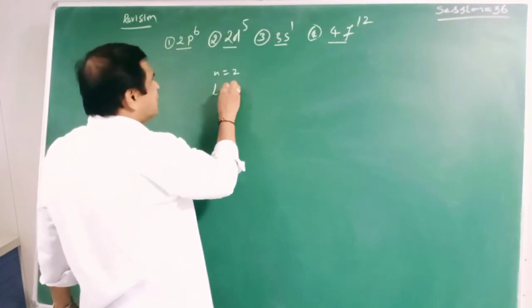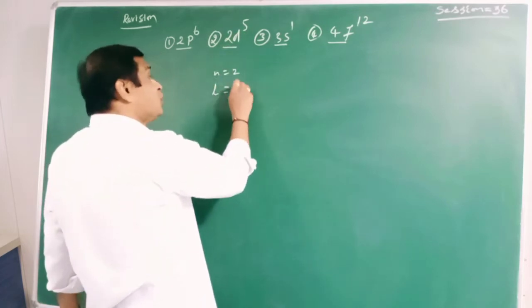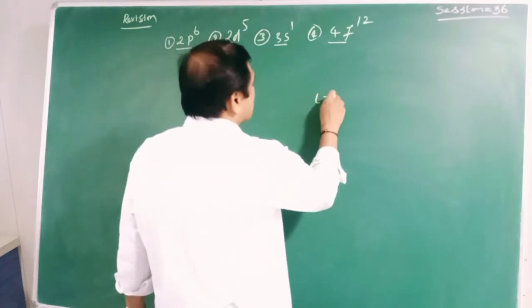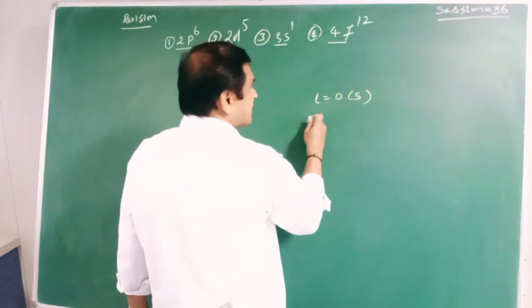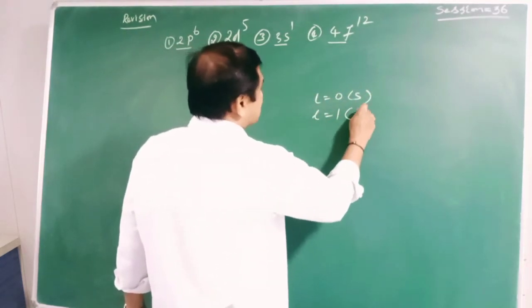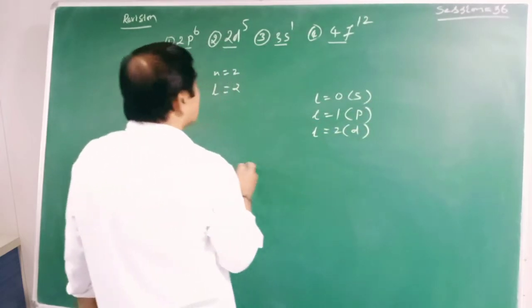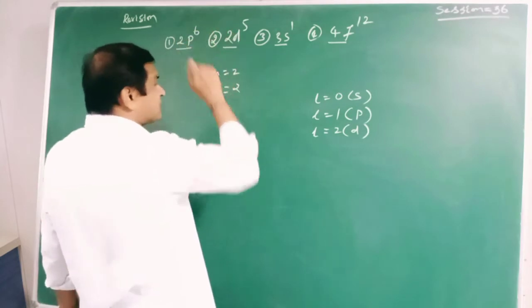And what is the l value? From the quantum numbers we understand that l equals 0 for s subshell, l equals 1 for p subshell, and l equals 2 for d subshell.